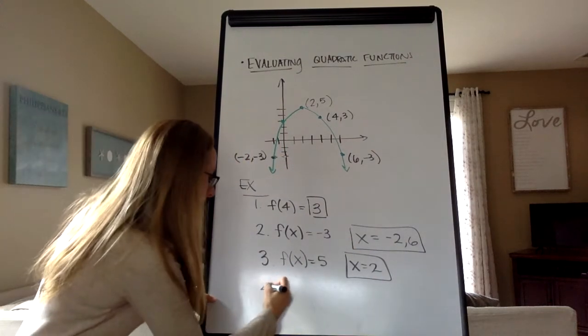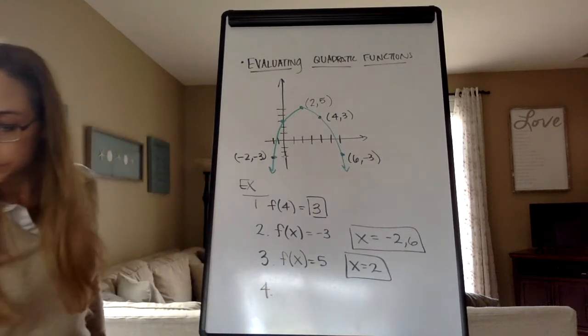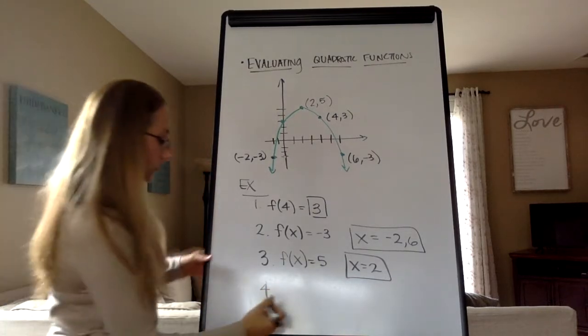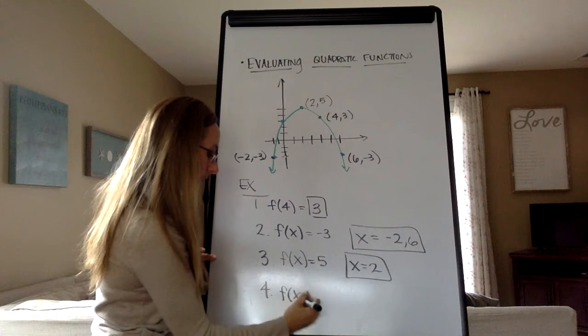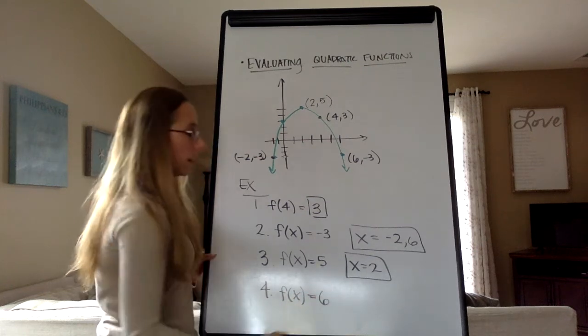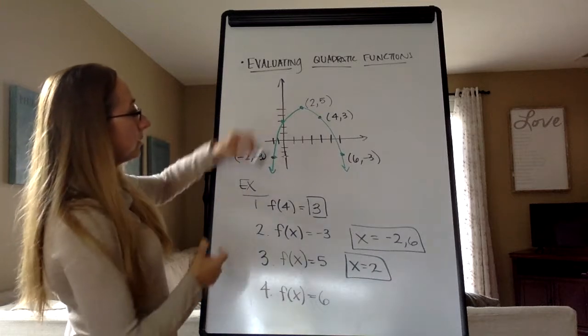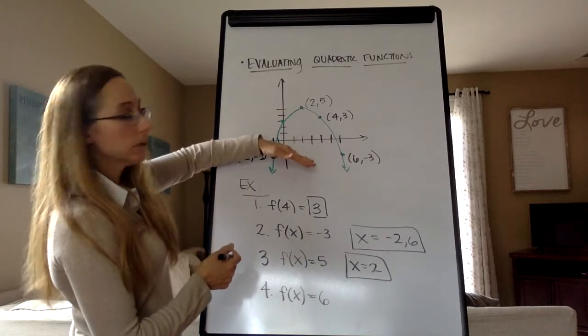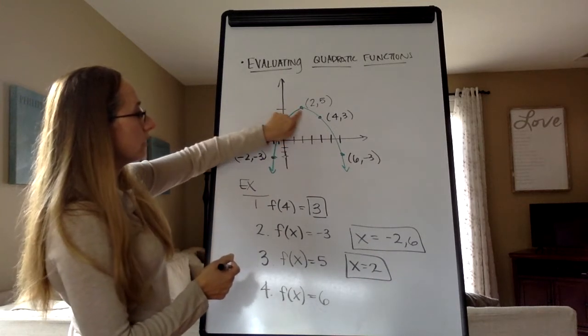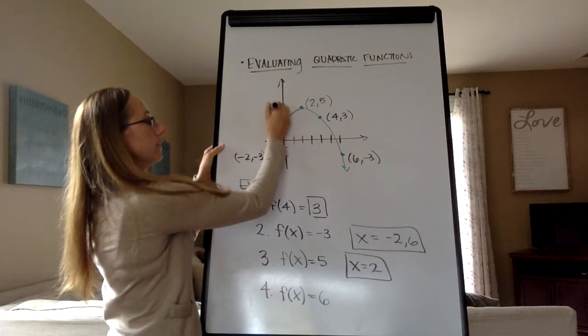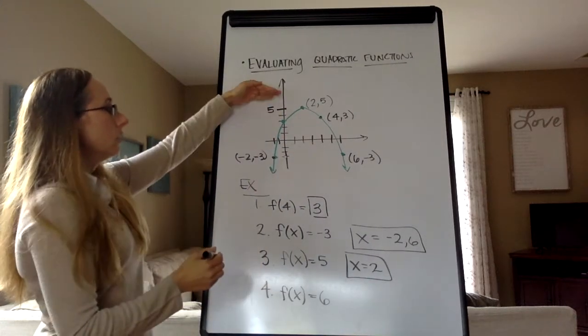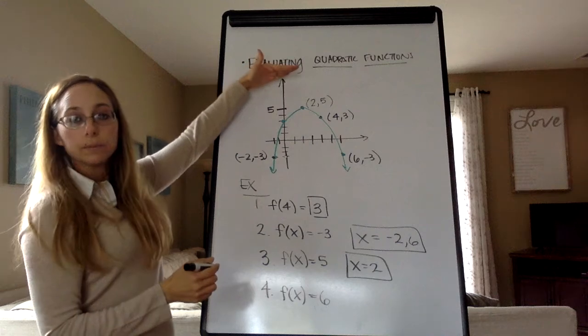Let's look at another example. f of x equals 6. So what is the value of x when y equals 6? Well, as we can see, our parabola is facing downwards. So the highest y value that we're ever going to have is 5. Our graph doesn't go up. It goes down.